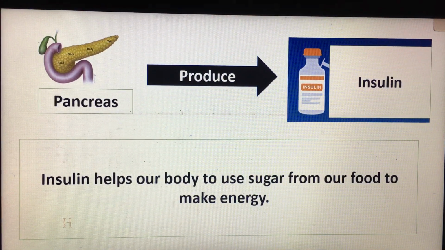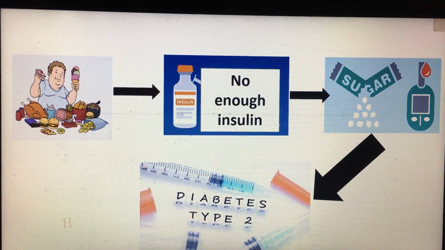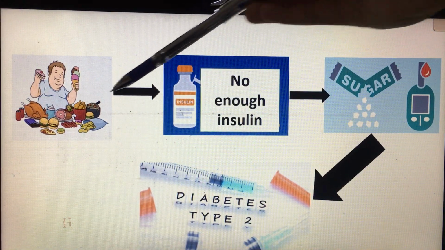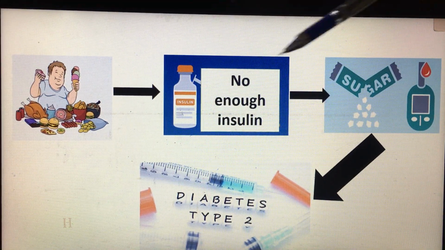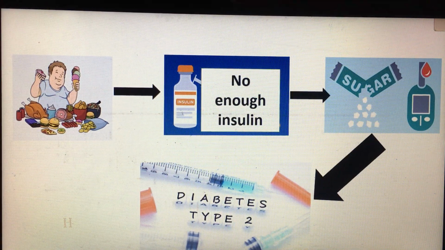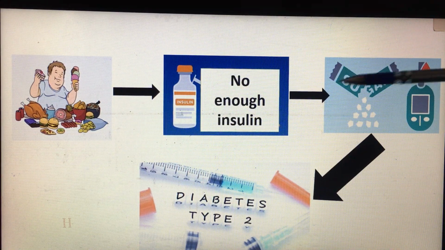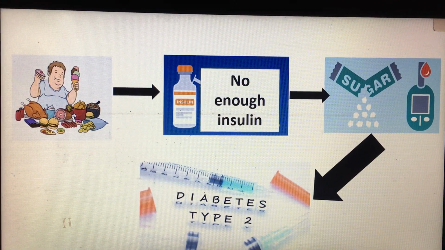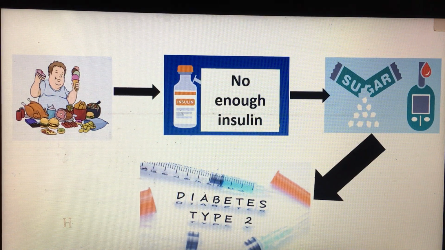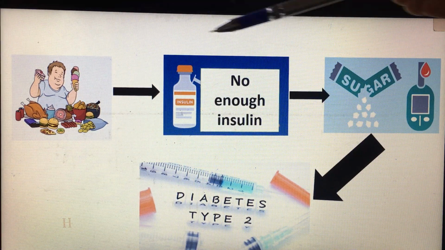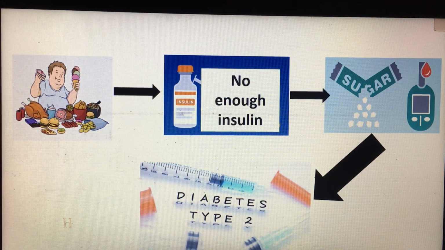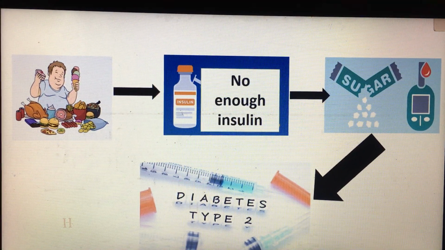But if we eat too much food, it can be difficult for the pancreas to produce enough insulin.